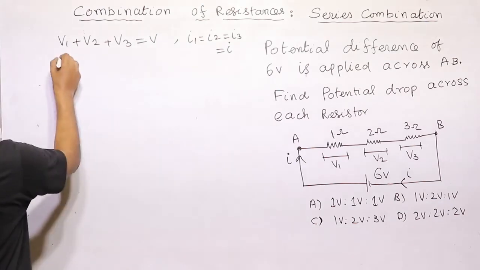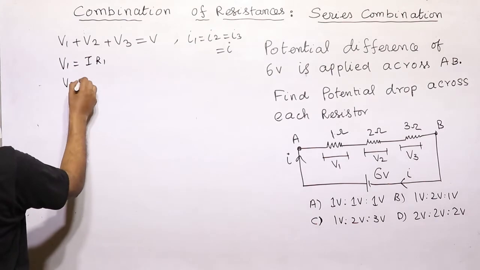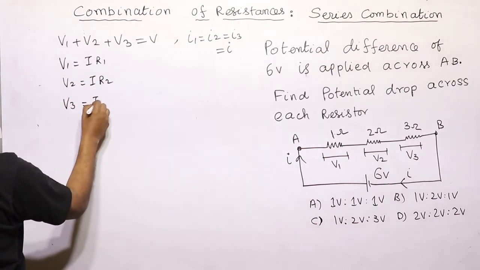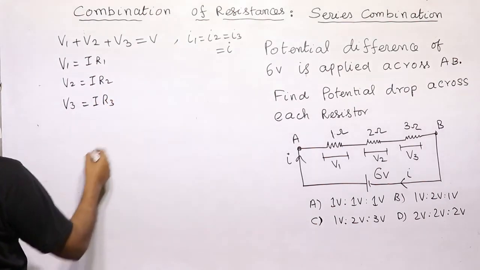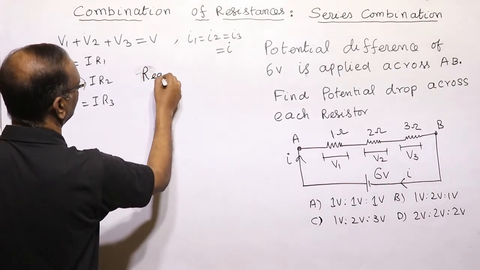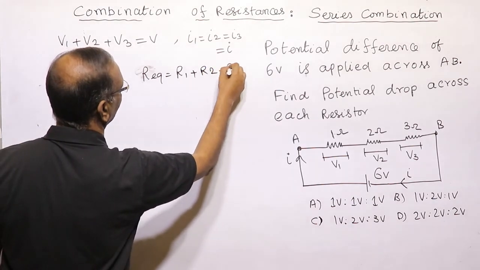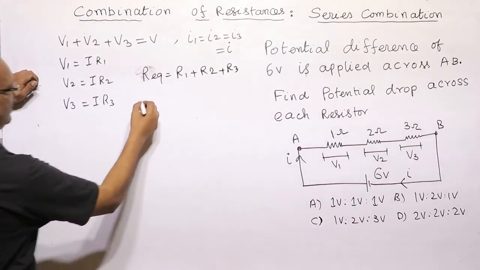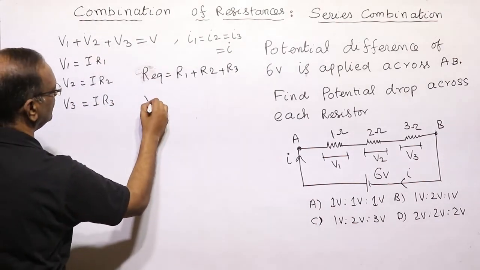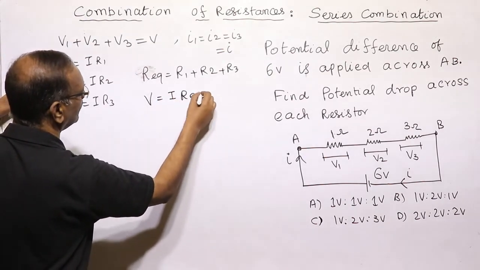As it is, V1 is equal to I R1, V2 is equal to I R2, V3 is equal to I R3, or V is I R equivalent. For a series combination, R equivalent is equal to the sum of all the resistances. And V is equal to V1 plus V2 plus V3, so V is equal to I into R equivalent.